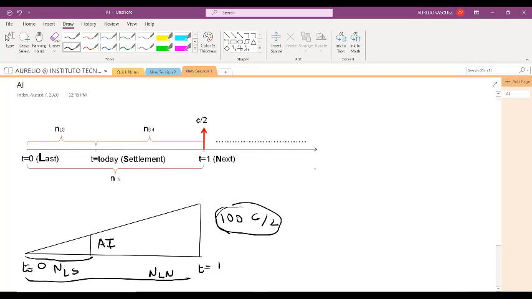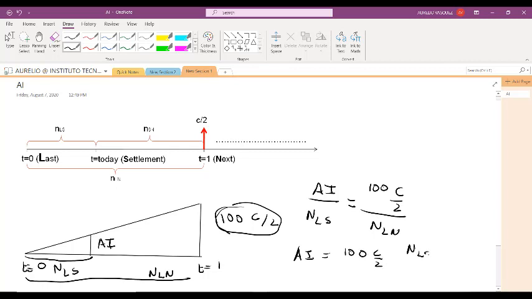Hence, if we do some mathematical proportions, this side over this side, NLS, is going to be equal to this big side over the big side here, so it's going to be equal to 100 c over 2 over NLN. Hence, we can find that accrued interest is equal to 100 c over 2 times NLS over NLN. So this is the formula for the accrued interest.